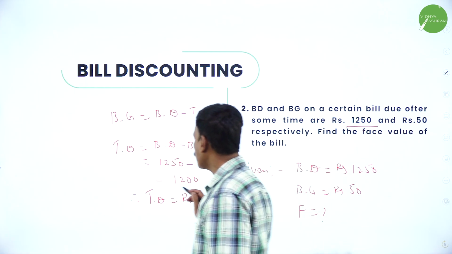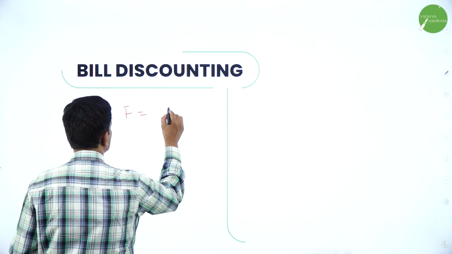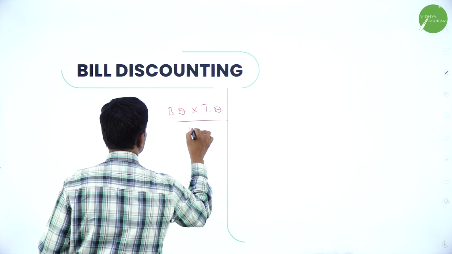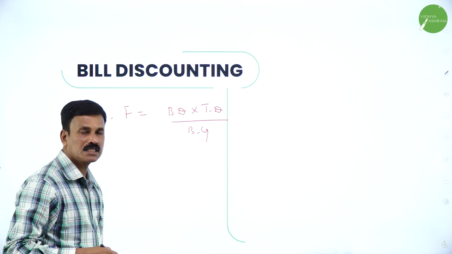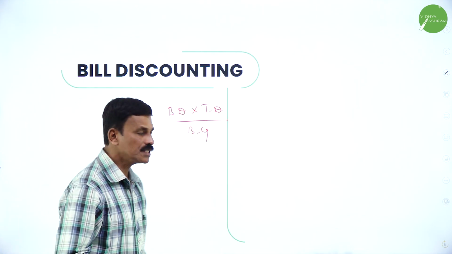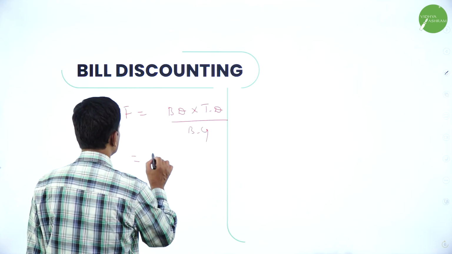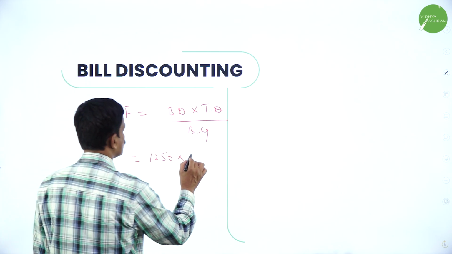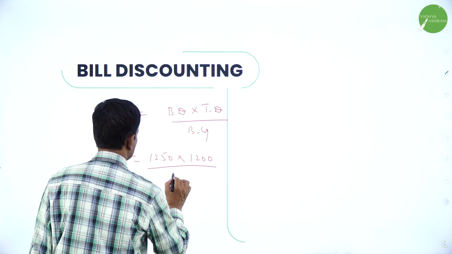Now what is to find? The face value. So we know the formula for face value. F is equal to BD into TD divided by BG. BD into TD divided by BG is the face value. Now what is this equal to? BD is equal to 1250 into TD, which is 1200, divided by BG. Banker's gain is 50.